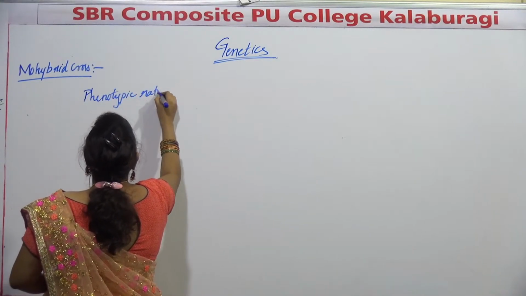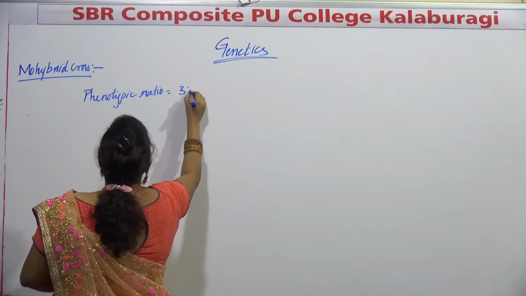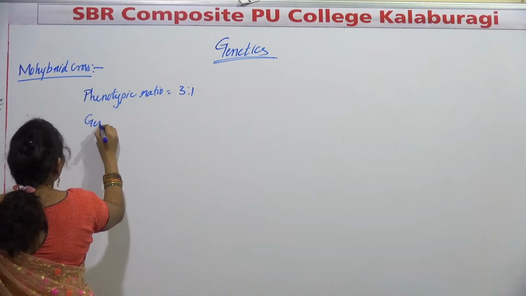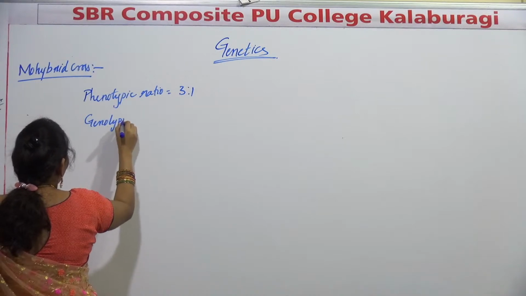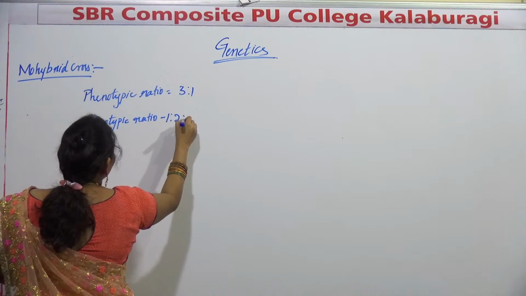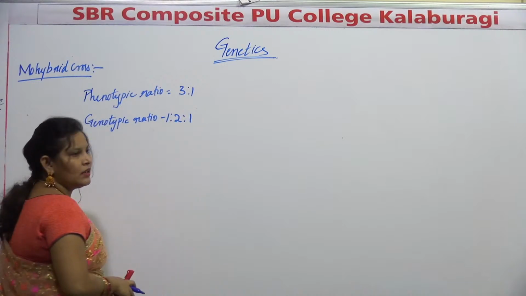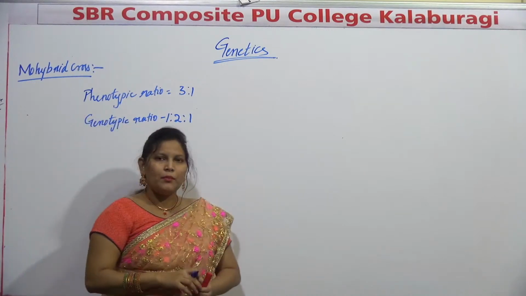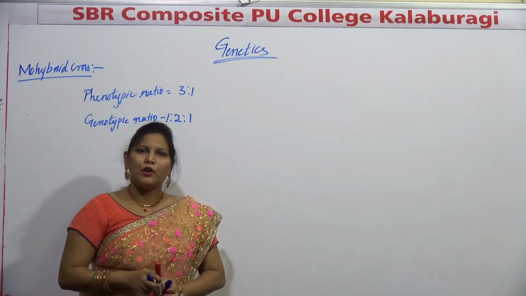Phenotypic ratio is 3:1 and the genotypic ratio is 1:2:1.